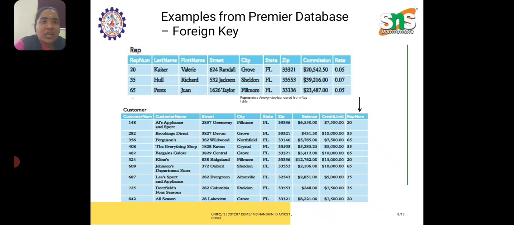Rep number 35 can be taken with Hall's name. Two or three 35s appear in the customer table. At that time we take a relation between these two tables, filter for this 35 alone, find the foreign key for that, and declare the customer number.